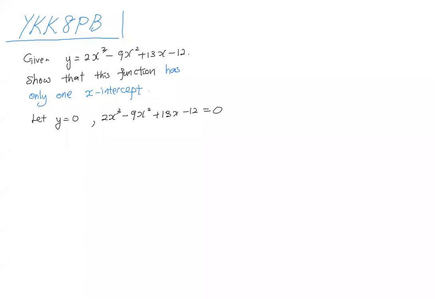Am I right? Yeah. So if you key this into your calculator, may I know how many solutions do you get? Everyone, please key into the calculator. I will call someone to give me the answer.